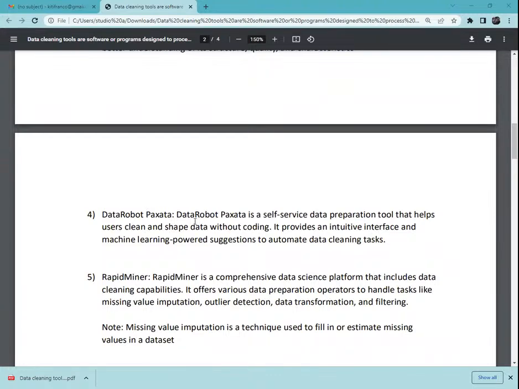DataRobot Paxata is a self-service data preparation tool that helps users clean and shape data without coding. You shall not be coding at all. It provides an intuitive interface, and remember, intuitive means easy to understand, and machine learning powered suggestions to automate data cleaning tasks.